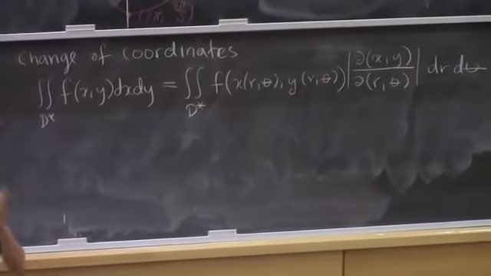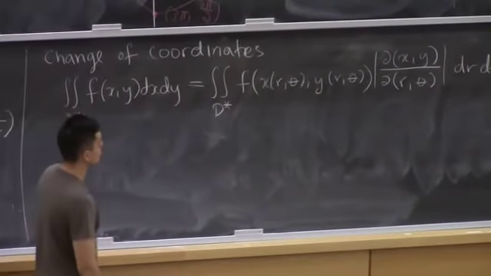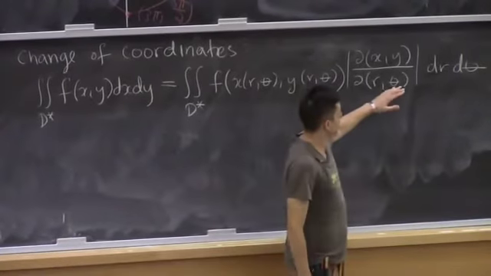So we're looking for that Jacobian identity that will come up here.